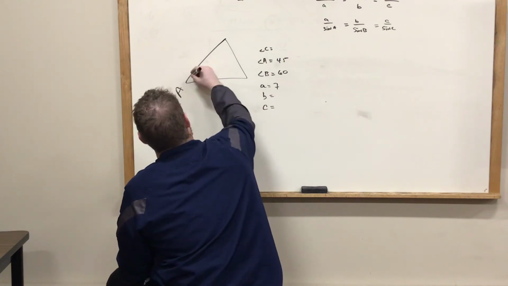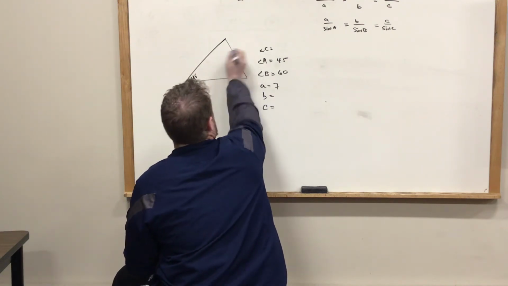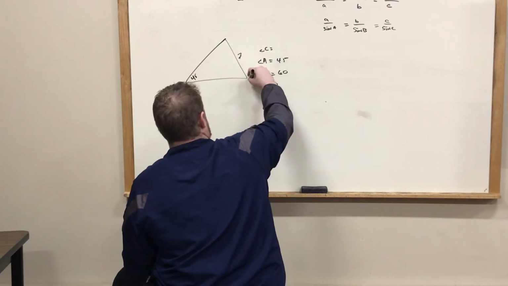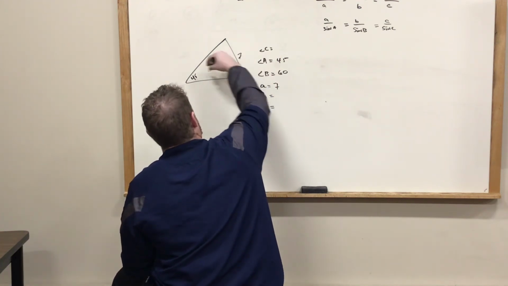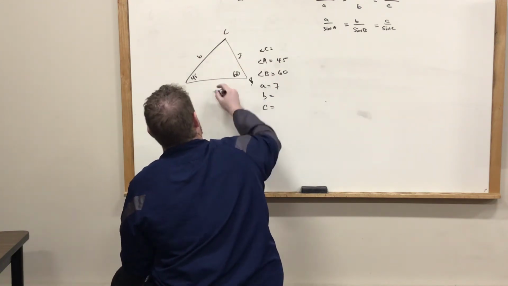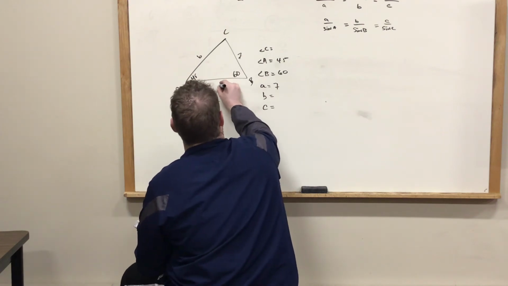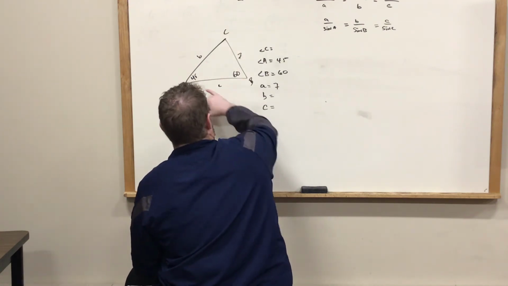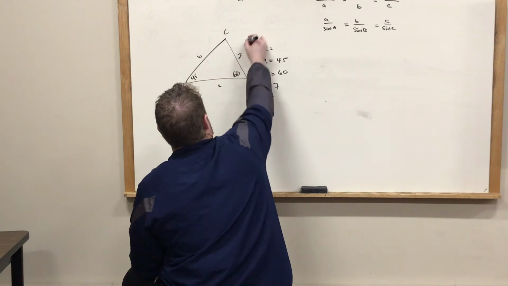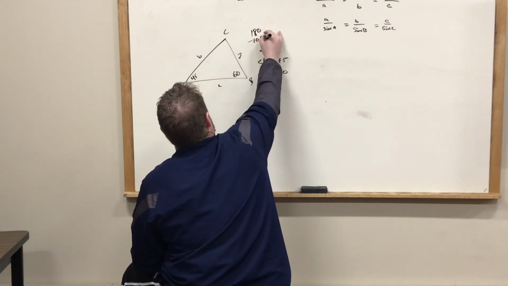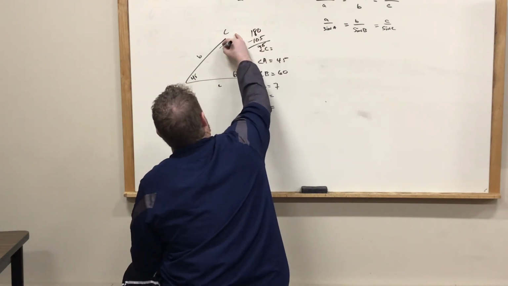A is 45, right across from that is 7. B is 60, across from that is little b. And we're looking for C. How do we get our angle? 60 plus 45 is 105. 180 minus 105 is 75. So you're left with 75.